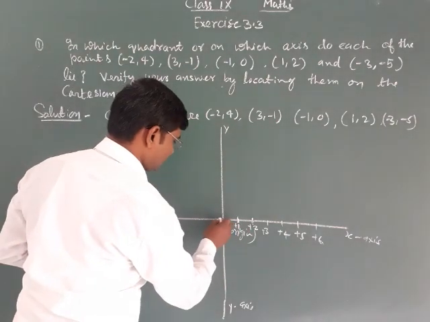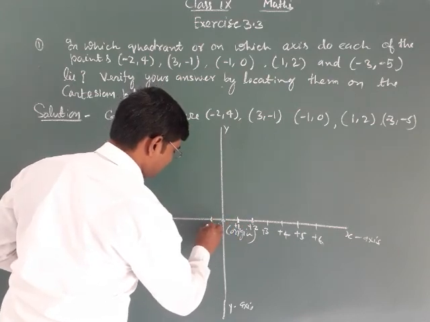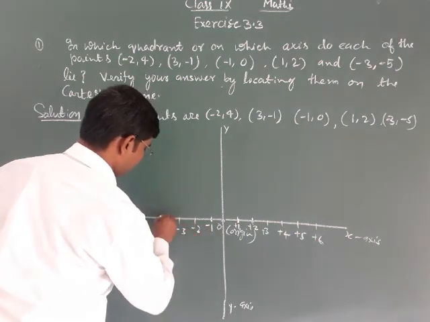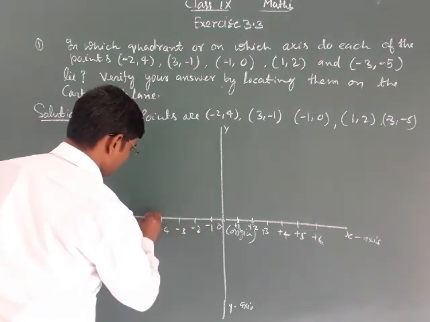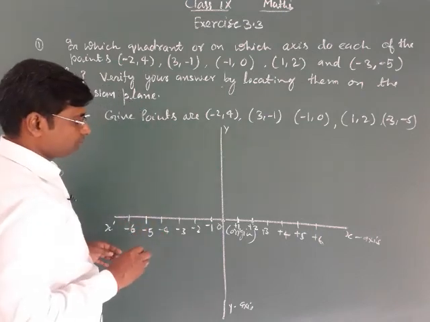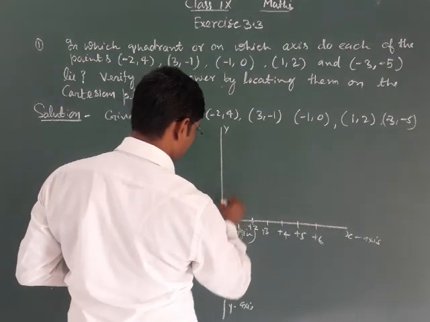Also to the left side of the origin, -1, -2, -3, -4, -5, -6. Above the origin, upward.